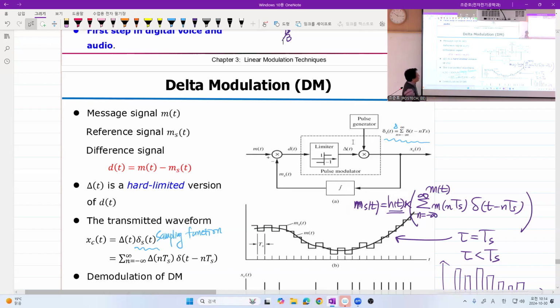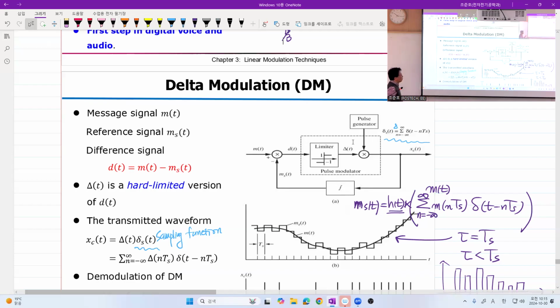That is the idea. Here goes M of t, and first you convert the signal to this form, a piecewise constant signal. Then you subtract S of t from M of t, and you have the residual.